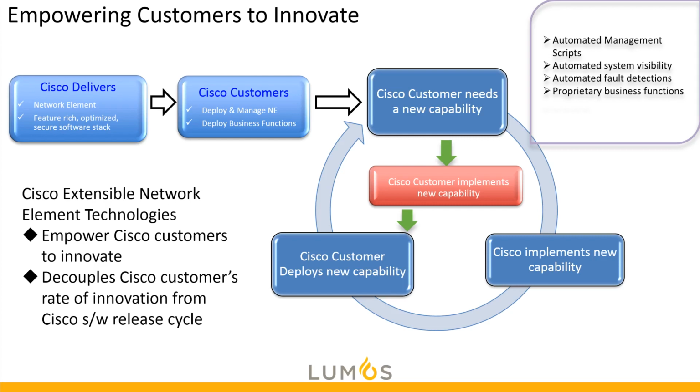So we decouple Cisco customers' rate of innovation from Cisco software release cycles. So those longer release cycles that we were talking about earlier, here with this circular line, we're now shortcutting through. So let's give an example of this, something that I created for a customer, as I've been mentioning.